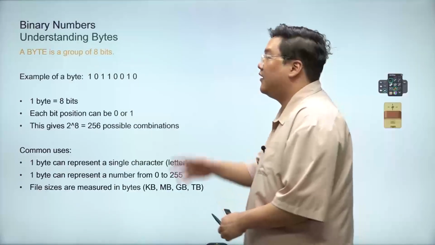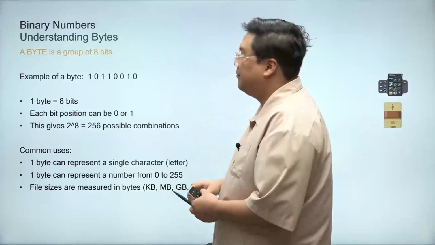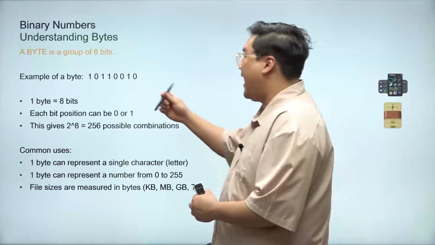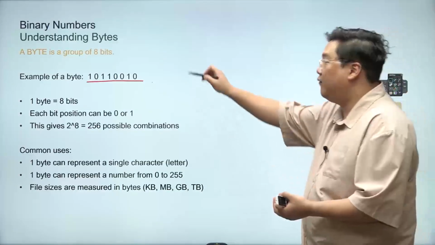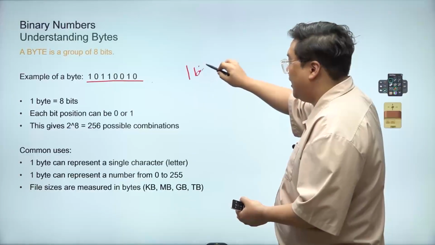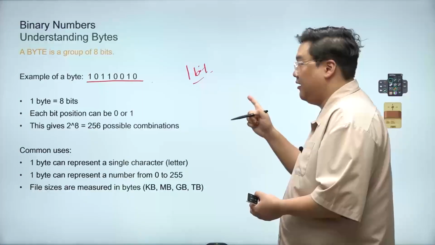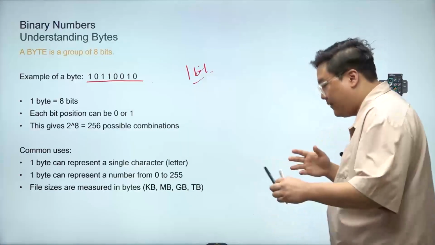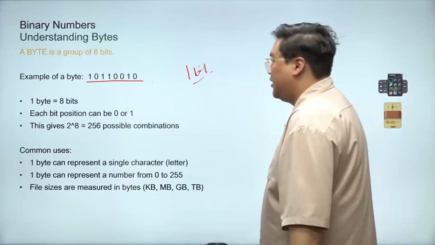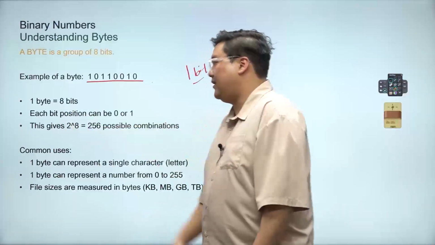So a byte is a group of 8 bits, so 8 digits of binary numbers. You can think of 1 bit as 1 digit of a binary number, and a byte will be 8 of these bits. So 1 byte is equal to 8 bits.